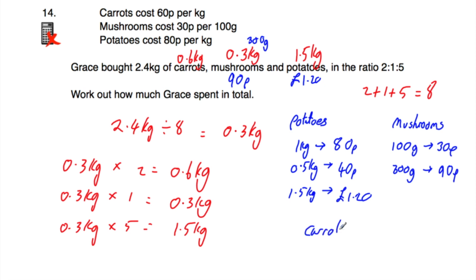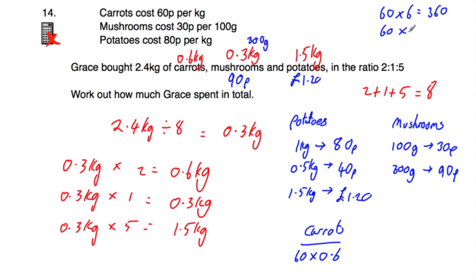Okay, now let's deal with the carrots. There's a few different ways we can deal with the price of the carrots, okay? One is we know the cost per kilogram, which is 60p. So we'll take that 60p and multiply that by how many kilograms of carrots were bought, which was 0.6. So let's do 60 times 0.6. 60 times 6 is equal to 360, because 6 times 6 is 36, and then putting the 0 on.